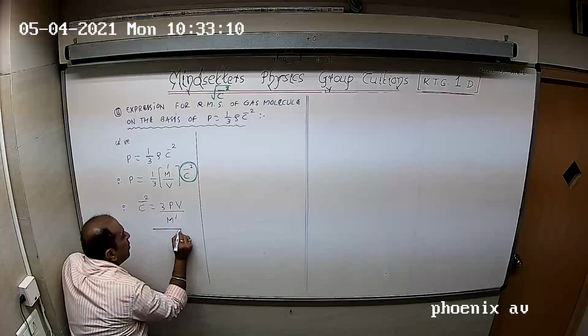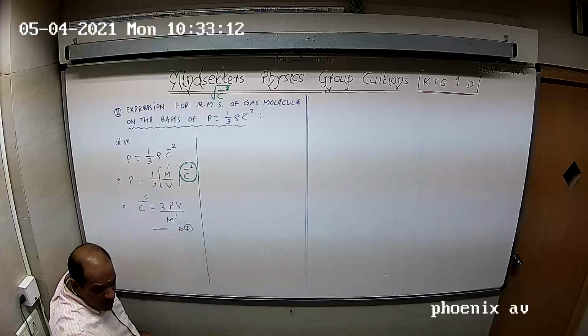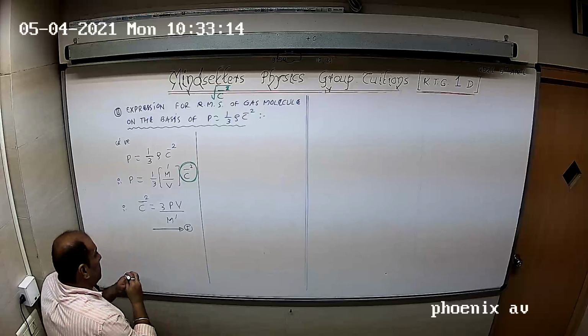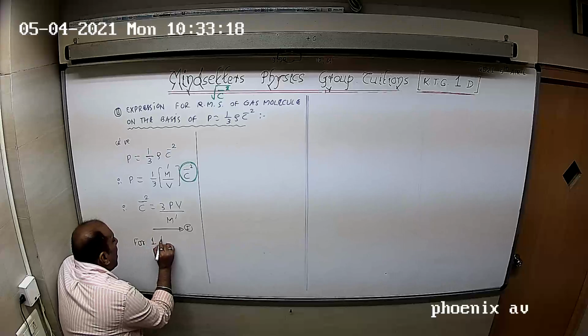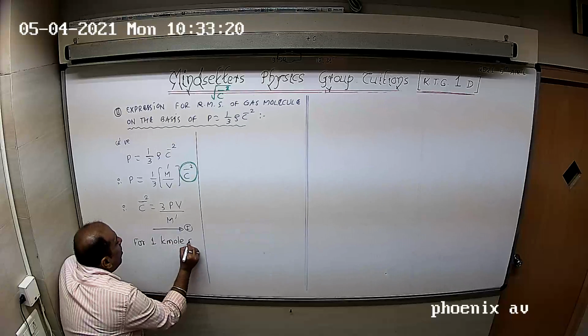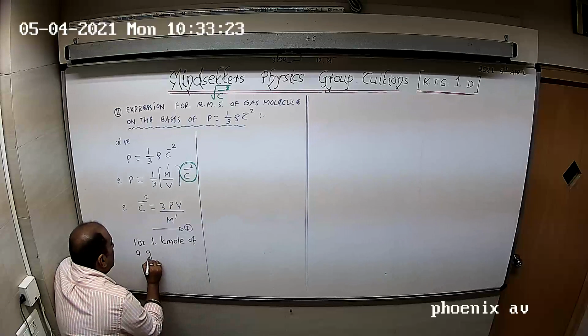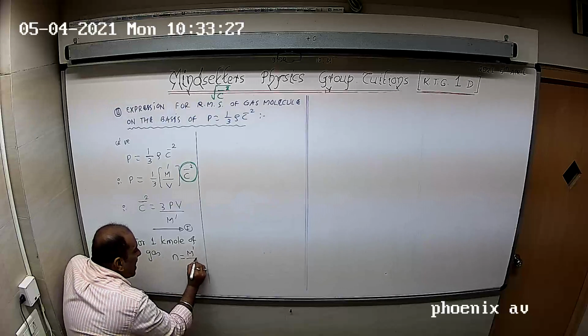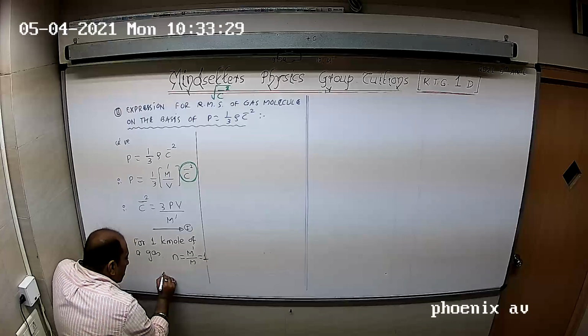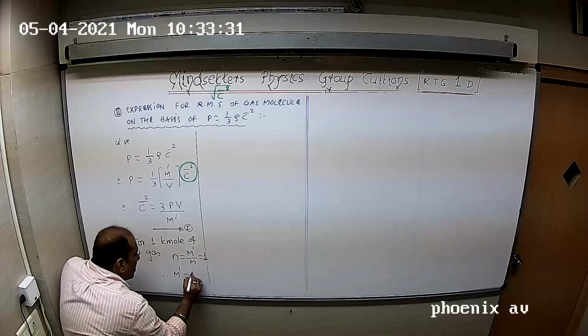Let us keep this aside for a while, because now we have to take judgment of two things. One, for 1 kilomole of a gas, m dash upon m is 1. Therefore, m dash can be replaced by m.